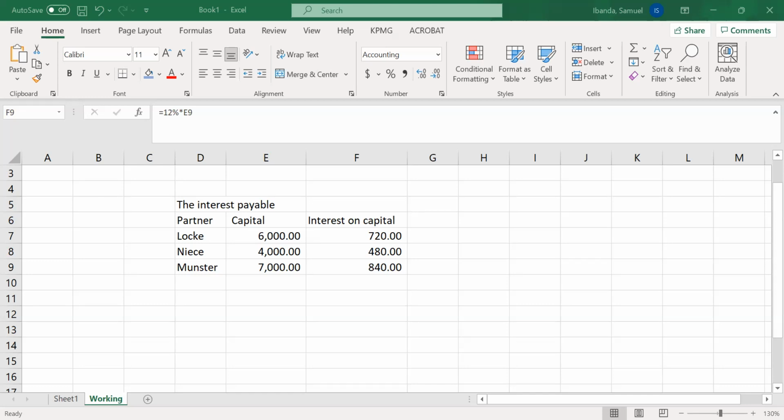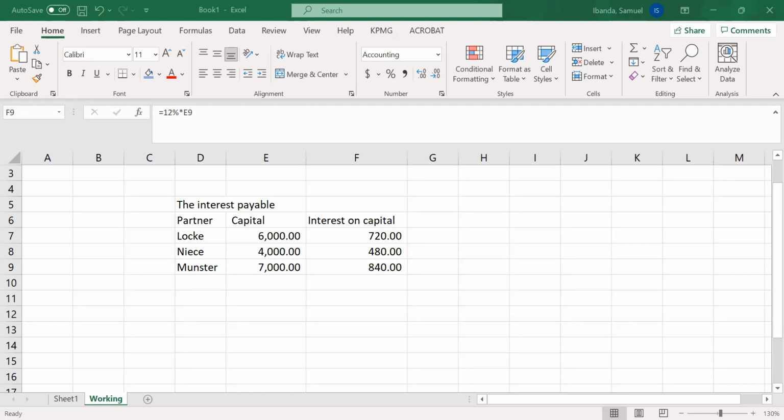Did I use the right figures? Okay. So we now see our different capital balances, and we are trying to get your respective interest on capital, which we have gotten there.